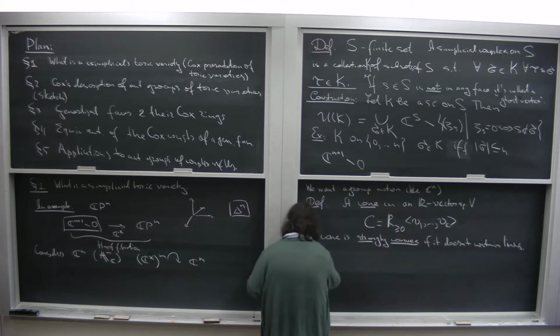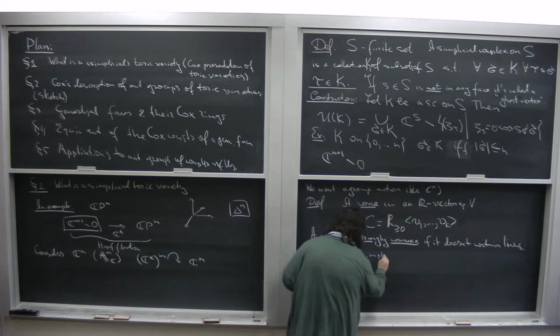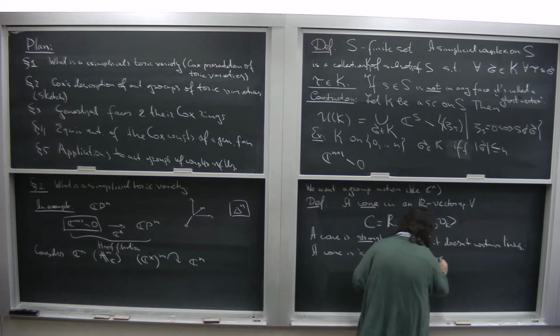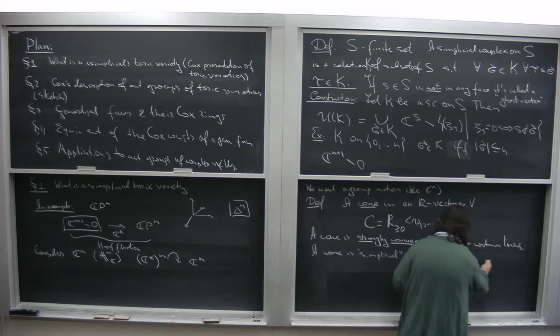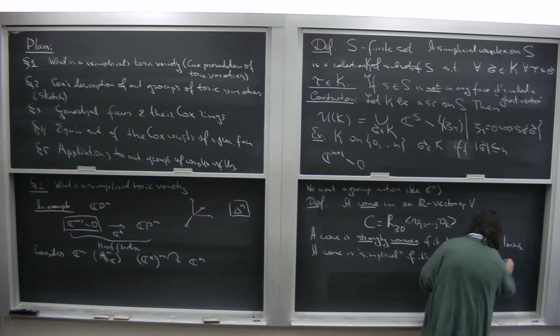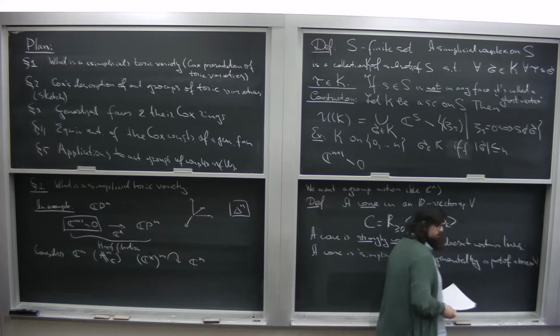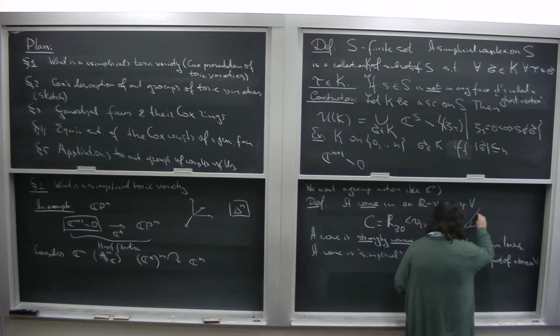So that's an additional condition on the cone, to not contain a vector and its negative. And a cone is simplicial if it's generated by a part of a basis. So two pictures. This is a strongly convex cone.